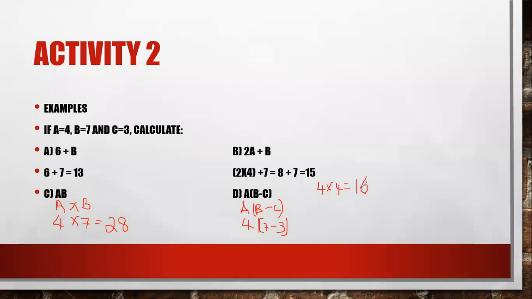Teacher, I have another method which is usually used in algebra. I don't know if it's simpler or harder, but because A is outside the brackets, A goes into B and also goes into C. So it's 4 times 7 minus 4 times 3.